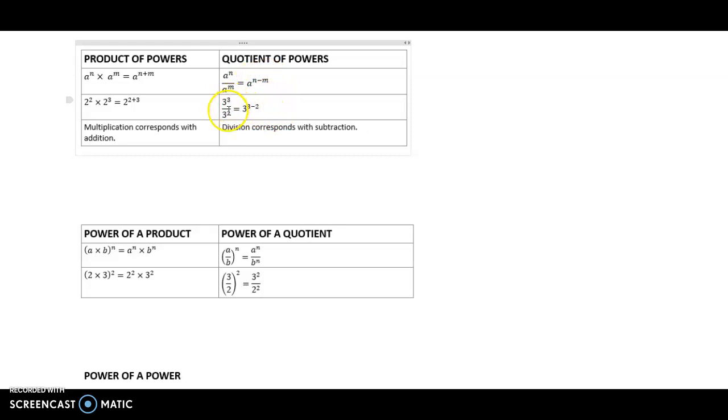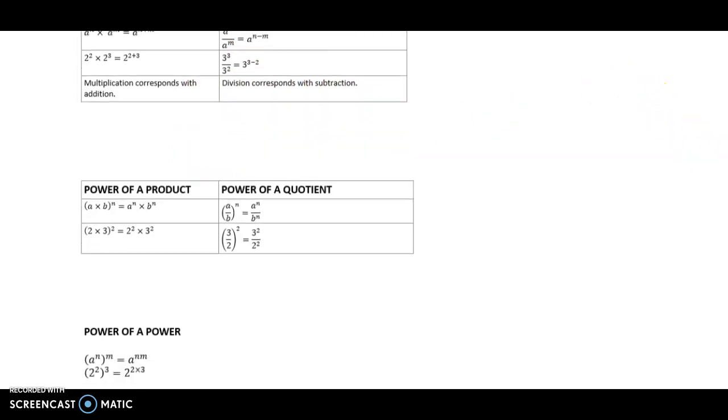Ngakwenzela i-example ngathi u-3 to the power of 3 over 3 to the power of 2 equals, ngambeka u-3 oyedwa ngamraise to the power of 3 minus 2 because kumele siba oppose. This side we add, this side we subtract. This brings us to the fact that division corresponds with subtraction when we are dealing with the quotient of powers.